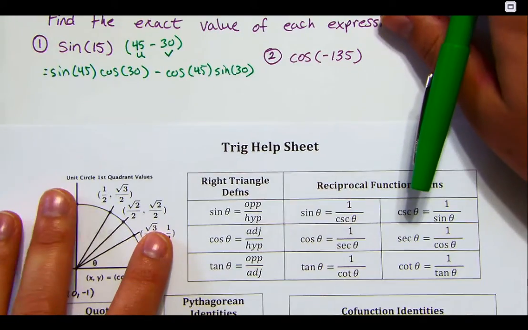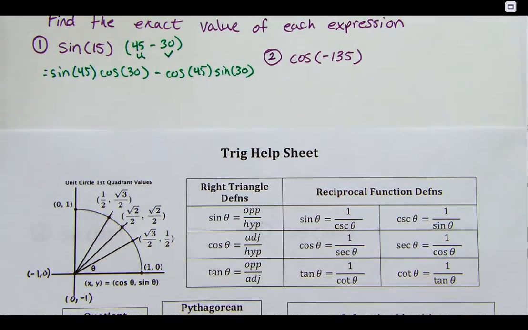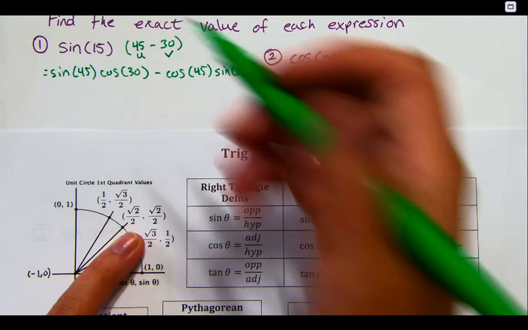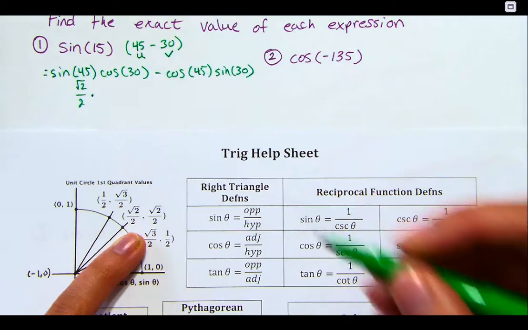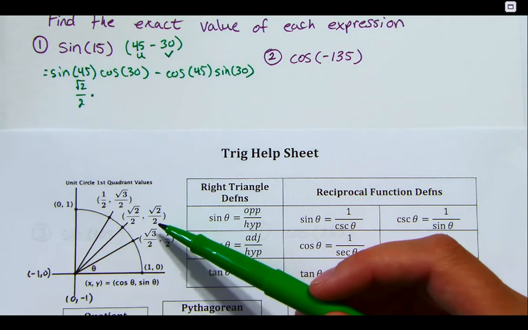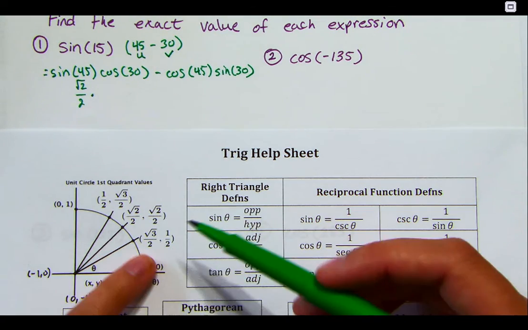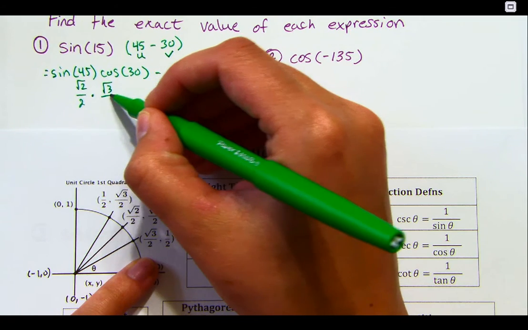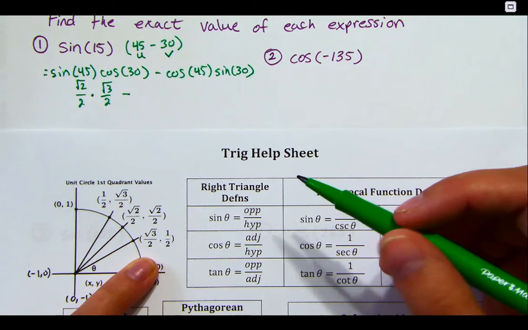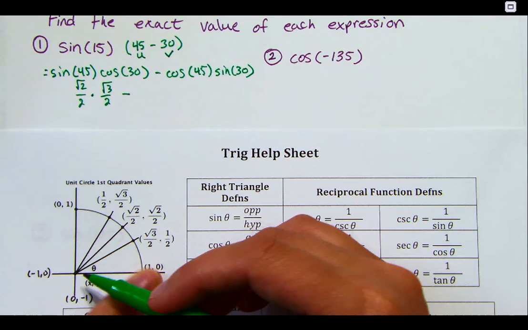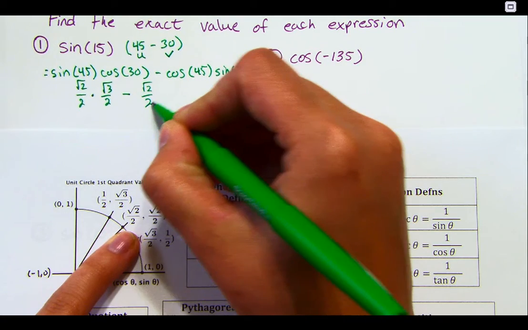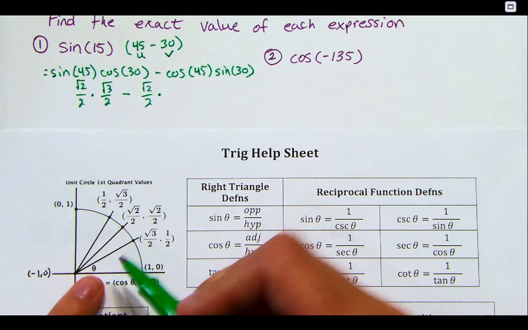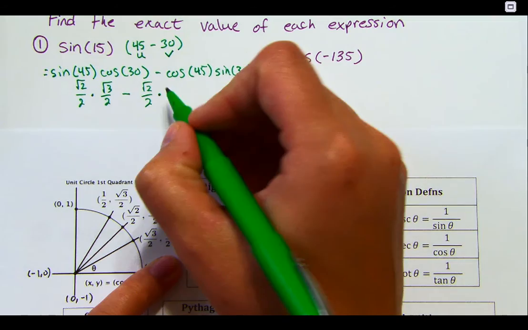All right, so that is going to be the square root of 2 over 2 times, and then the cosine of 30 is the square root of 3 over 2, minus cosine of 45. So here's my 45. That is going to be square root of 2 over 2. And then the sine of 30 is 1/2.